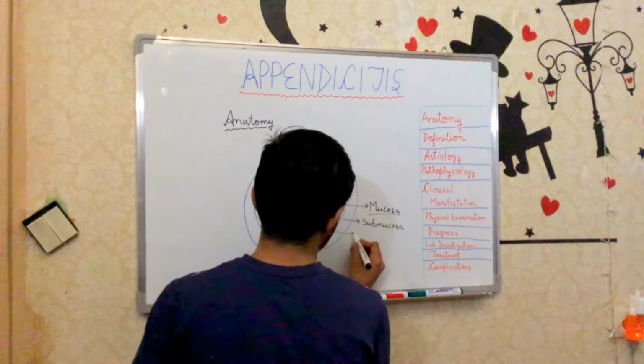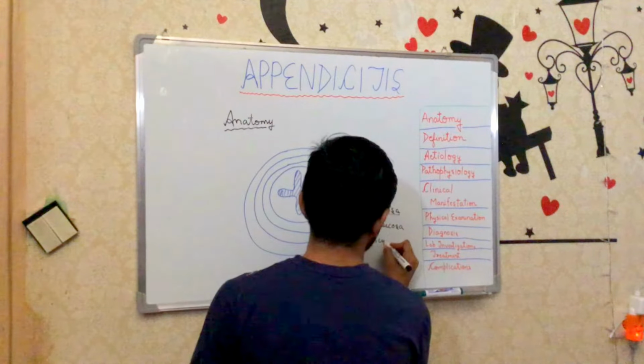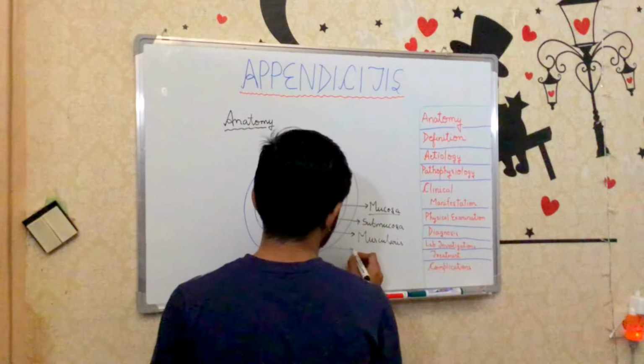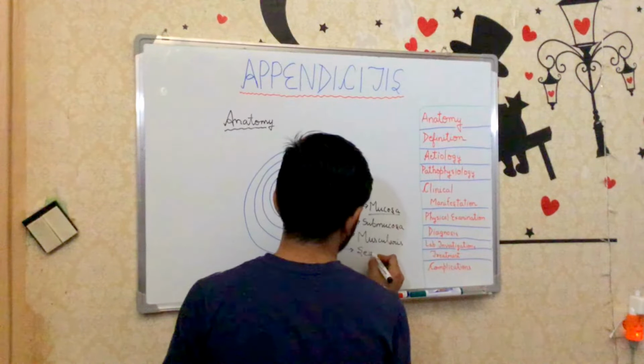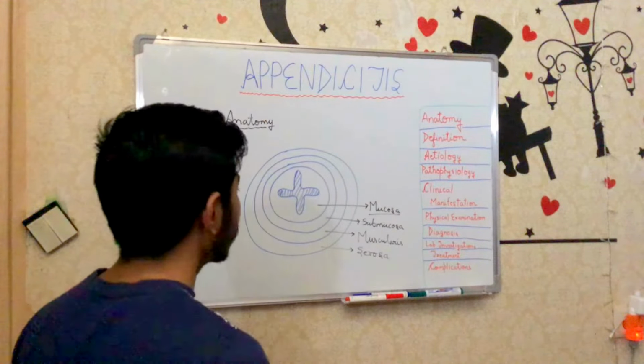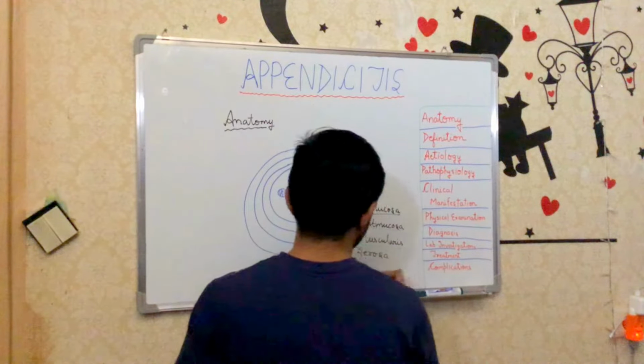Here we have the muscularis layer, which consists of the muscles, and following that we have the serosa. So these are the 4 main layers in the appendix.